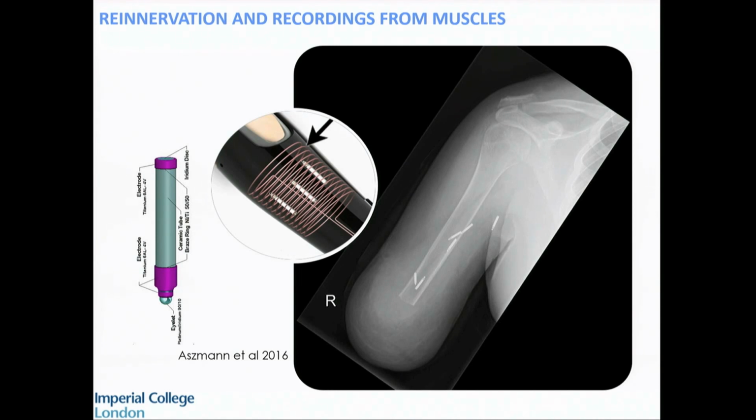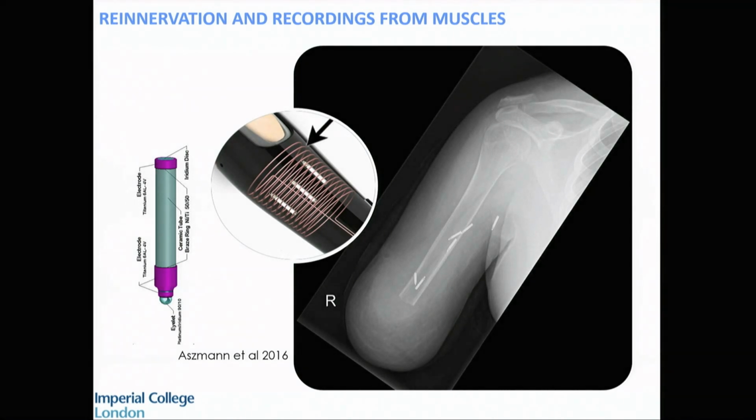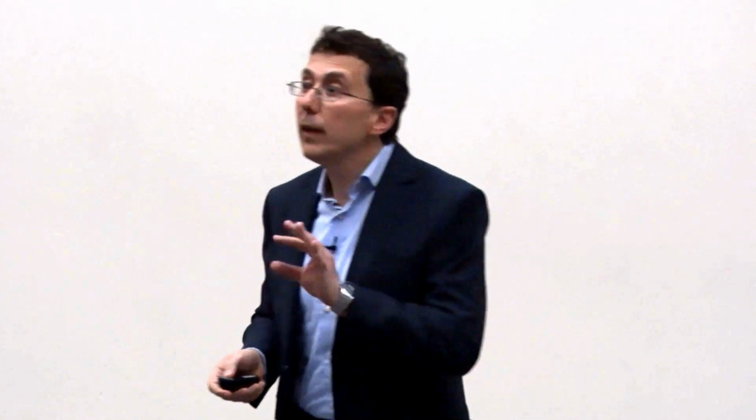And in this patient, we implanted small capsules that record the electrical signals produced by those nerves in the reinnervated muscles. So you can see in this radiography these small capsules that are implanted exactly in the points where we have the reinnervation, where the nerve activity is connecting to the muscles.